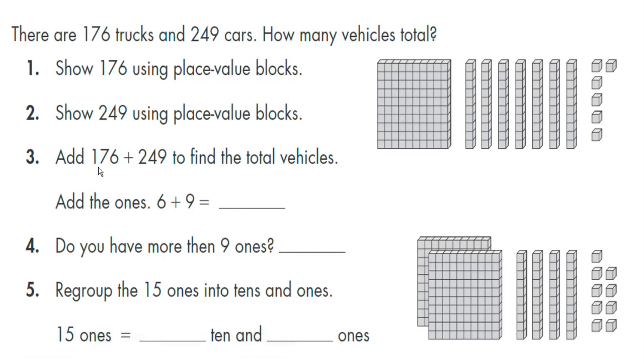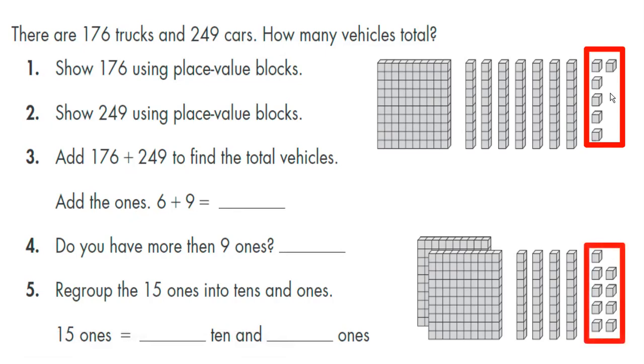So first we're going to add 176 plus 249 by adding the ones. So we have 6 ones plus 9 ones. What's 6 plus 9? 15. Okay, the next question is an important one.